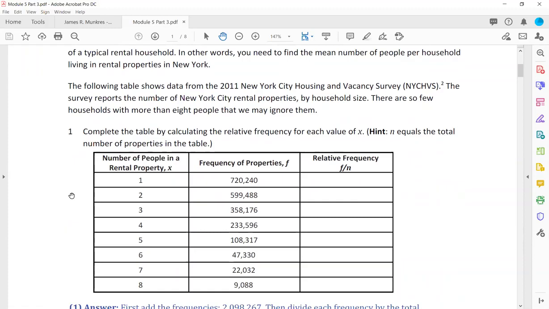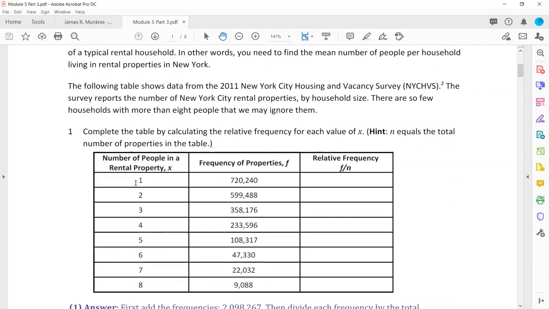The number of people in a rental property is denoted by X, which is a discrete random variable. So the number of people in a rental property can be just one person, two people, 3 or 4 people, or 5, 6, 7, and 8.